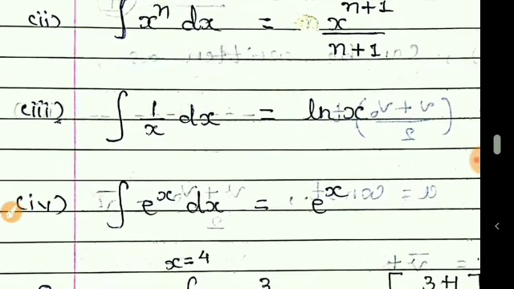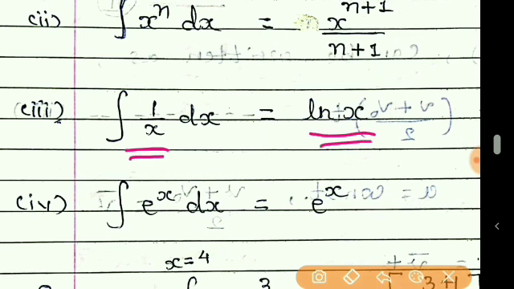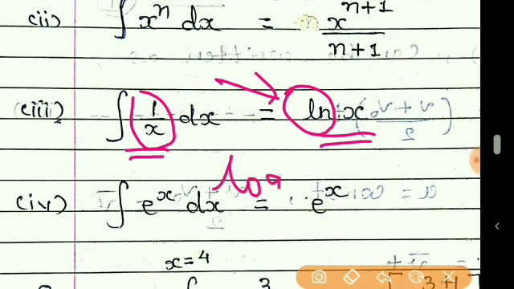Now, integration of 1 upon x is ln x. Students, you might know what this ln is. Ln is the natural log. Generally, we write, suppose, log of 5.